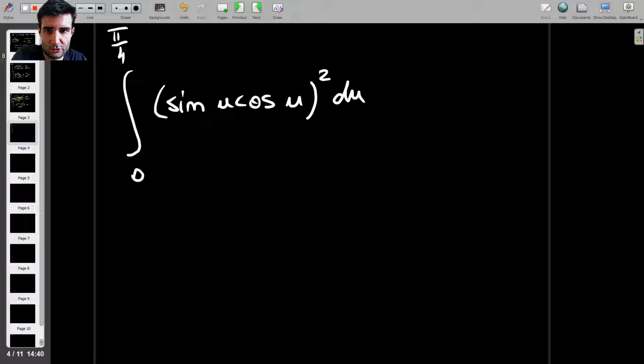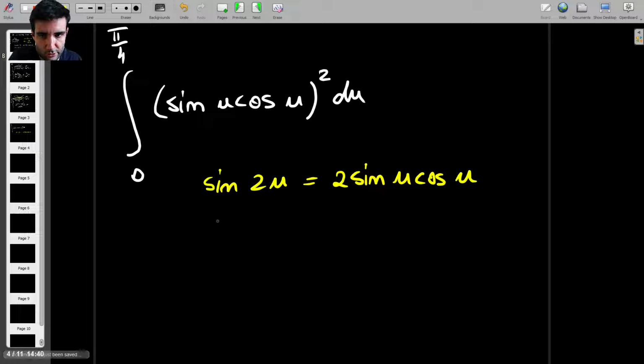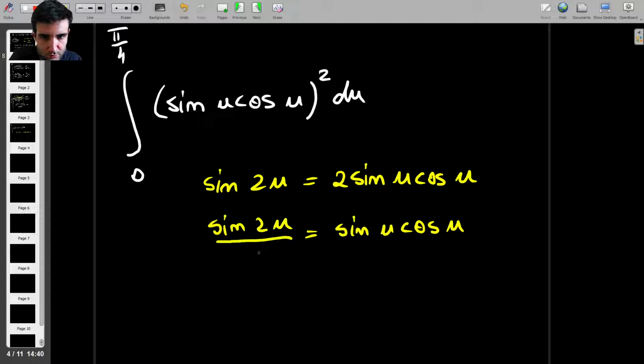Now we're going to use some trigonometric identities. The first one is that sine of 2u is equal to 2 sine u cosine u. If we rearrange this, we get that sine u cosine u is equal to sine of 2u divided by 2.